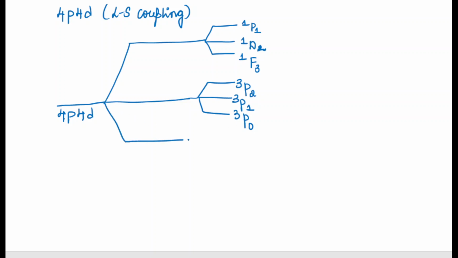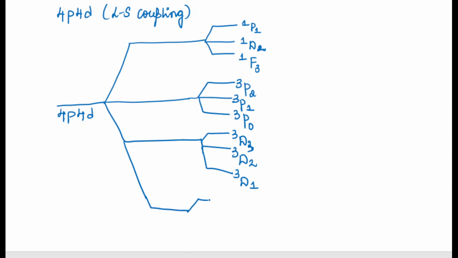And next we have 3D3, 3D2, and with reference to the above only we can solve, and 3D1. Next, with the increment of 1 to F, it is 3F4, and we have 3F3, and here we have 3F2. This is how we got the energy levels.